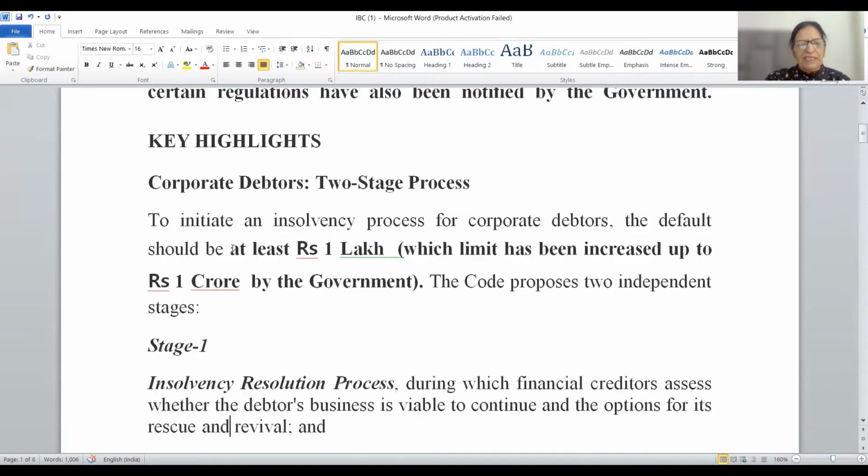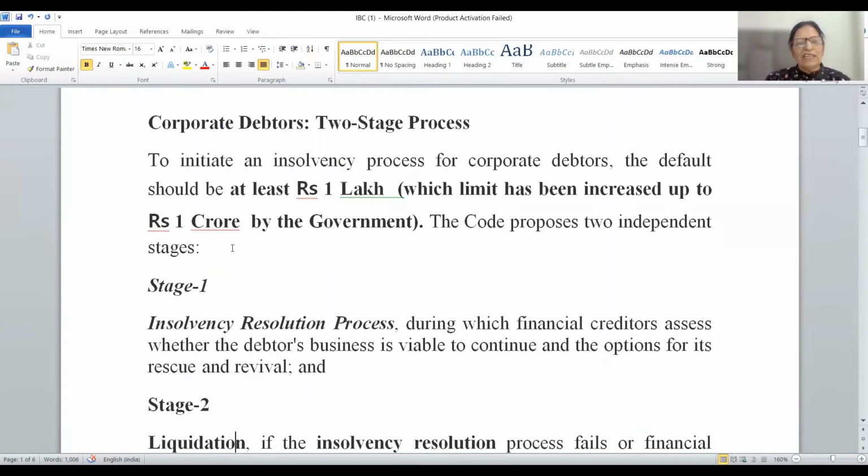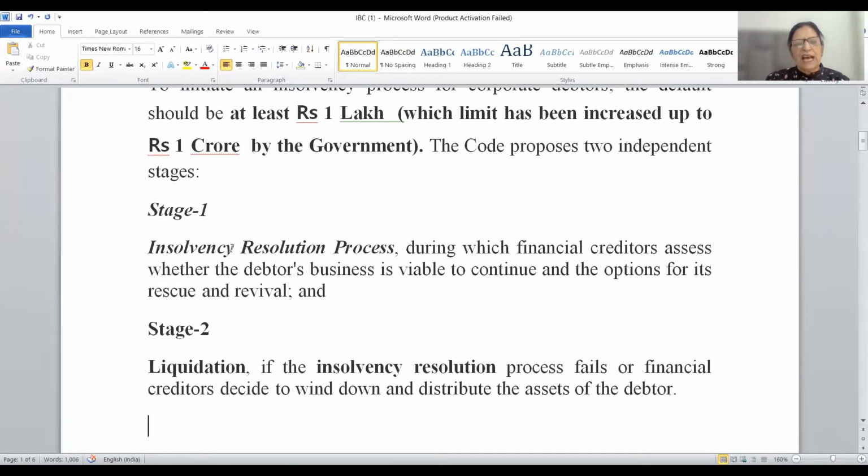The very first stage is insolvency resolution process, which is IRP. During this stage, the financial creditors assess whether the debtor's business is viable to continue and the options for its rescue and revival. So they try their best whether the debtor's business can be revived or not.